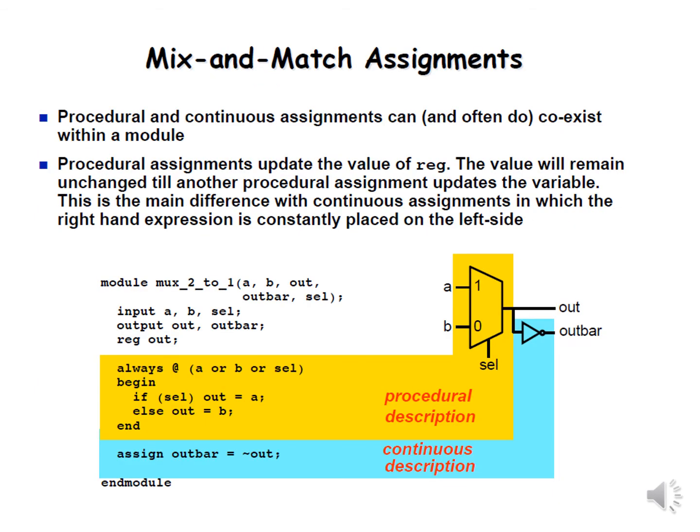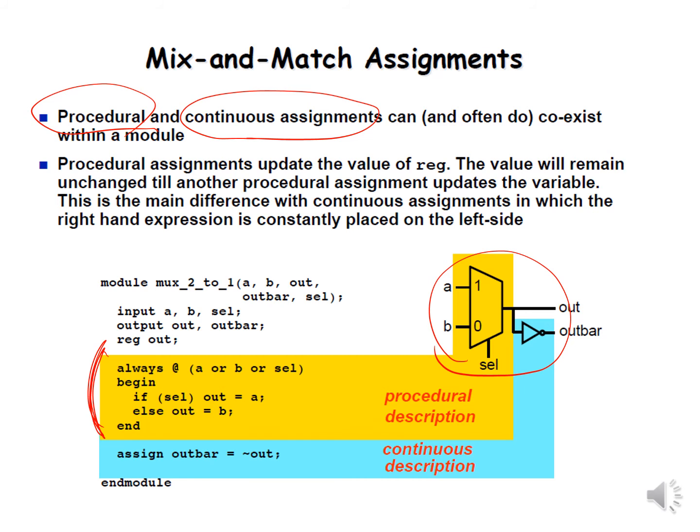So when we describe the 2-to-1 multiplexer here, we can mix continuous assignment and procedural assignment. We can mix those two kinds of description methods. For the multiplexer, we can use the always statement, a procedural description, and for the out bar, we can use the continuous description, using the assign statement.